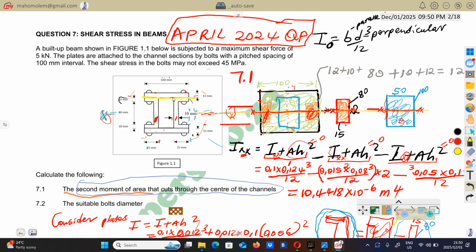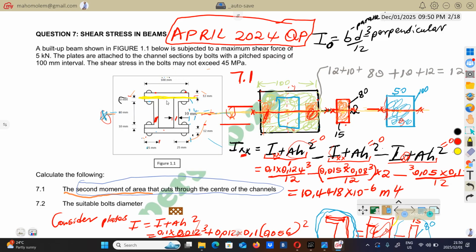This is where these bolts are going to experience that sliding or shearing. So this is where these two components meet, where the blade and the channel meet. So now we have to find the shear flow at this point. We have to know the magnitude of the force that will be created here.